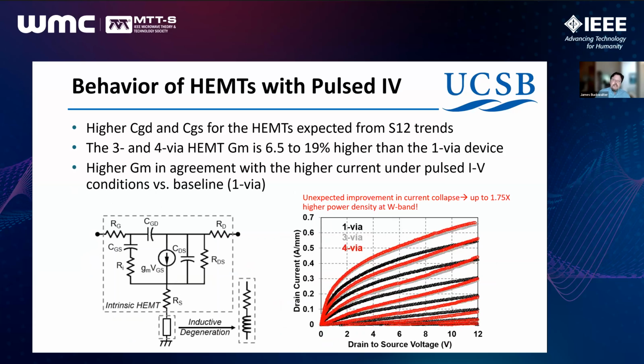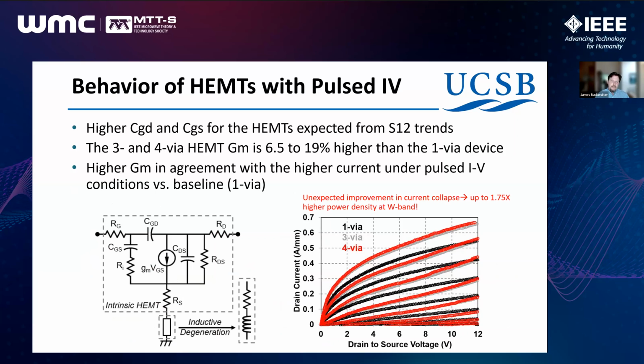Where things get interesting, at least in this particular experiment, was when we started to look at the large signal behavior, the IV characteristics, and ultimately the load pull. And here things began to deviate.